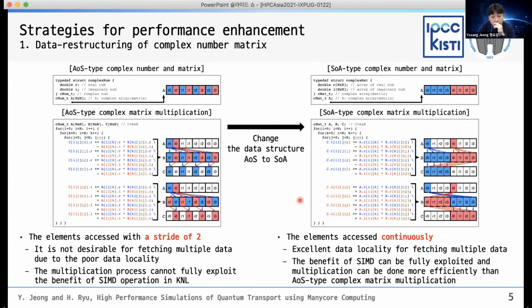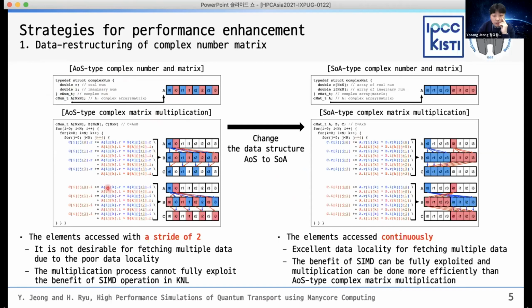The first technique is data restructuring. In many cases, a complex number is represented with a structure that has a real and imaginary number as the member variables, as shown in this figure. In this case, the matrix is constructed with an array of structures, and real and imaginary parts of elements are lined up next to each other in turns.